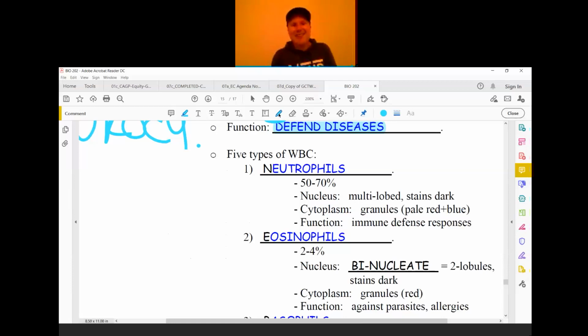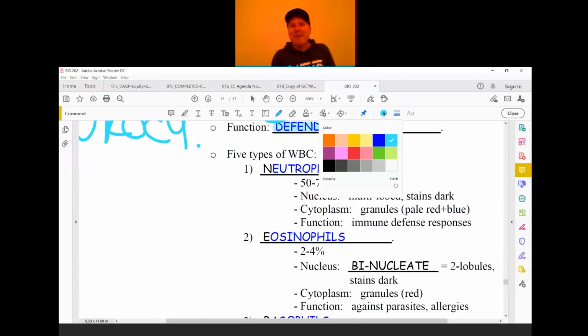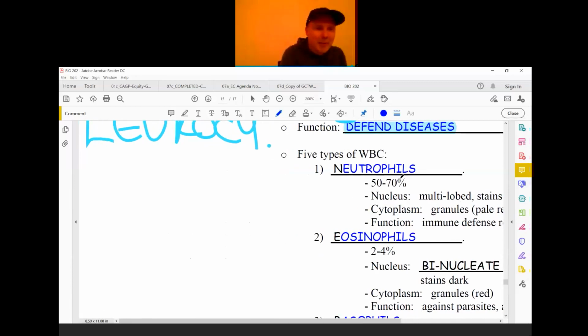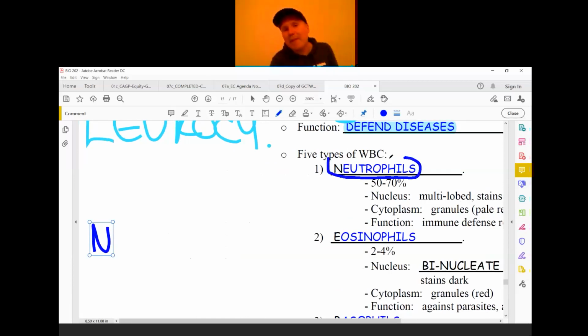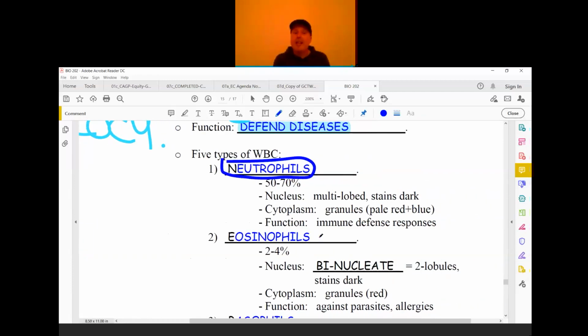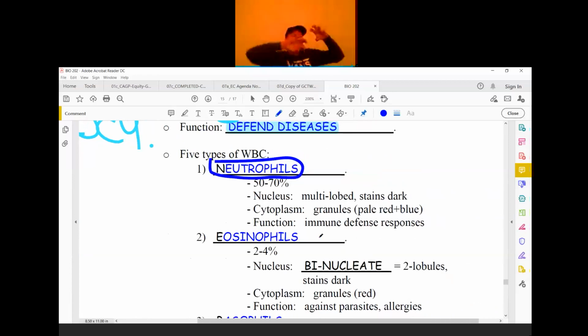So let's go through the facts that we need to know about white blood cells. The most common white blood cell type that we have is going to be neutrophils. Somewhere between 50 to 70% of all the white blood cells in your body are going to be neutrophils. They have a multilobed nucleus, so it looks almost like pearls on a string, staining very dark when you stain them.